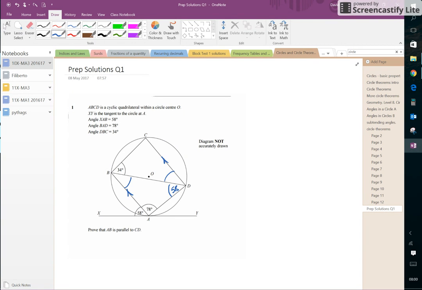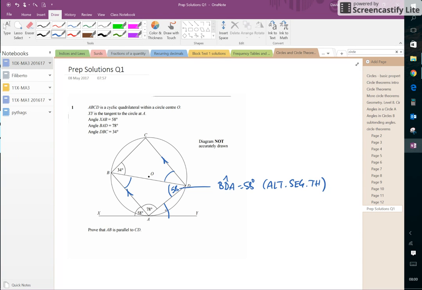Okay? We can also work out this angle. So let's just say BDA is 58 degrees, alternate segment theorem.